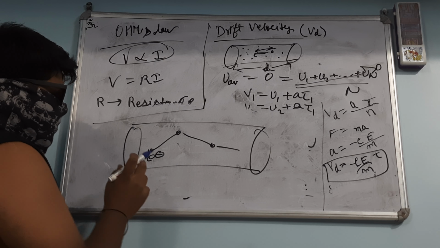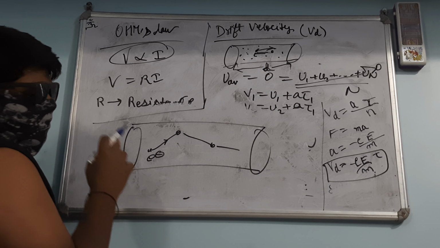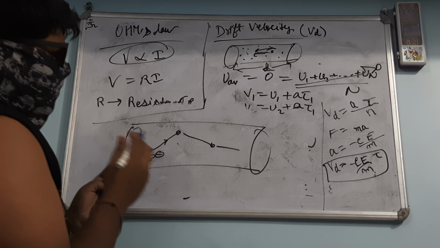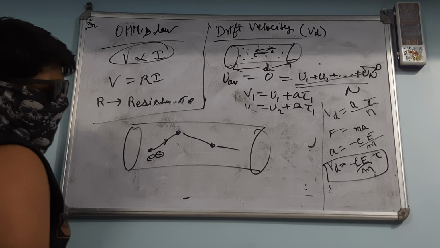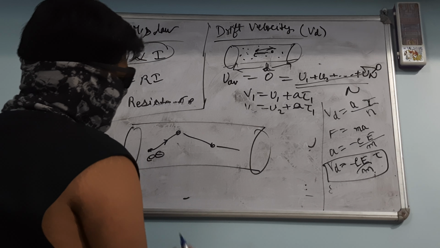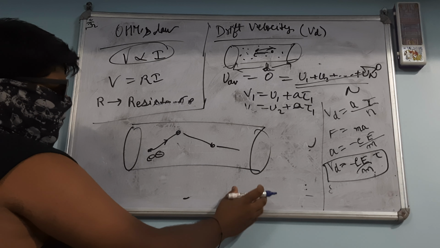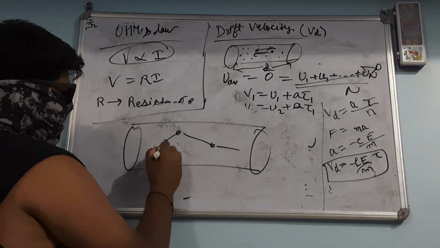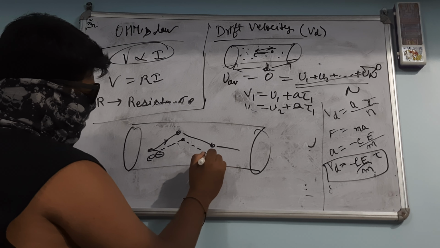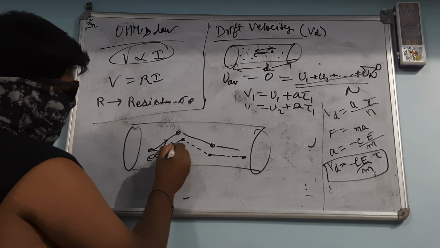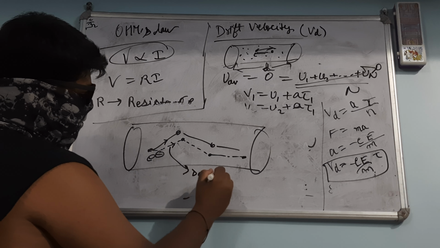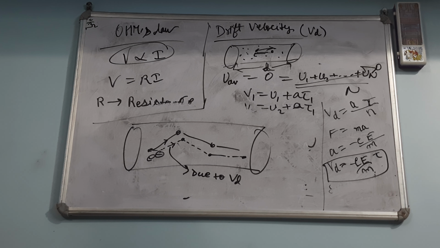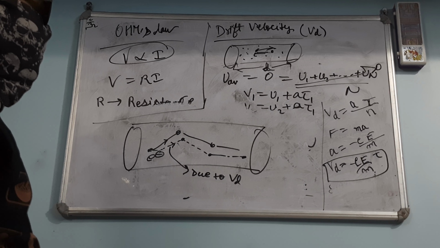Due to this collision, the path of this electron should be like this, but due to the collisions it gets a drift, and as it is opposite to the electric field, the field is like here. If the field is like here, the drift velocity is here. Hence, due to drift velocity, the motion of the electron will be this. So this was all about drift velocity.